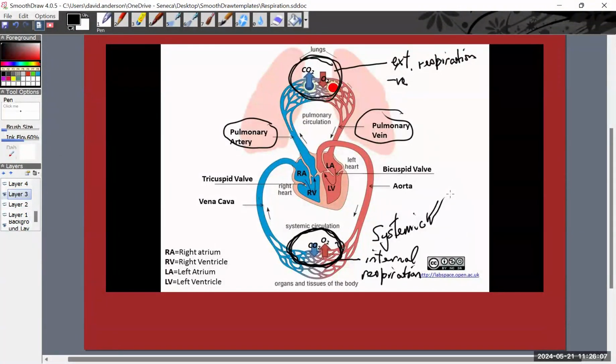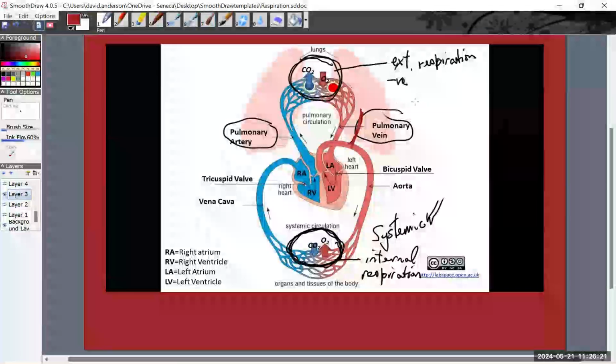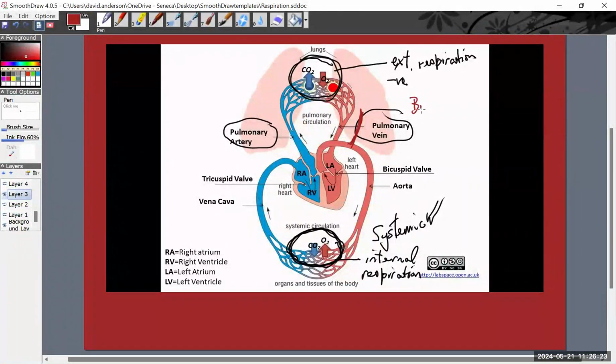So the lungs are actually going to receive a branch from the arteries on the systemic circulation for delivery of oxygen to the lungs. That's from what we call a bronchiole.